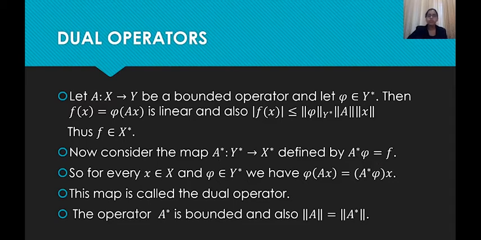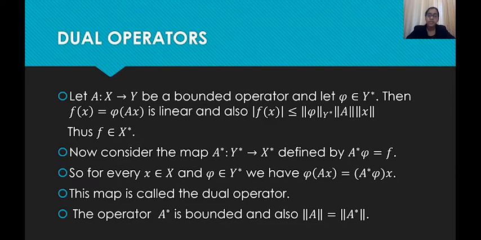Okay, so we get phi of A x is equal to A star phi of x. This much is clear, I hope. So this map that we have defined right now is called the dual operator. If we have a bounded operator A from X to Y, we can form the dual of that operator, A star from Y star to X star, defined by A star phi is equal to F.